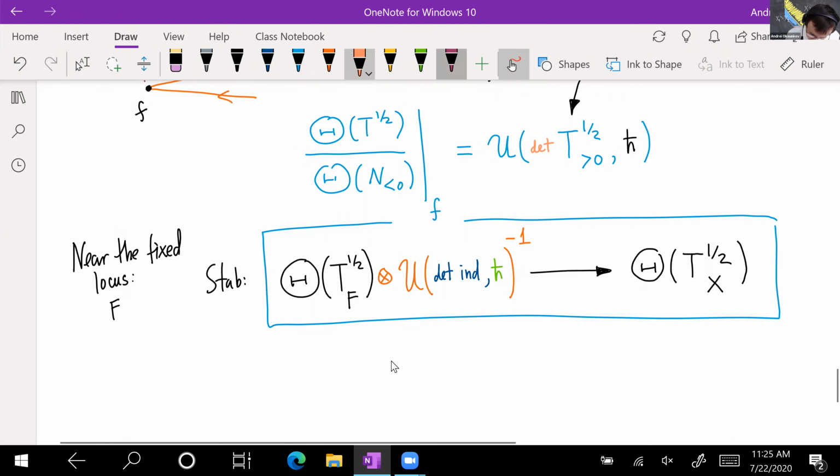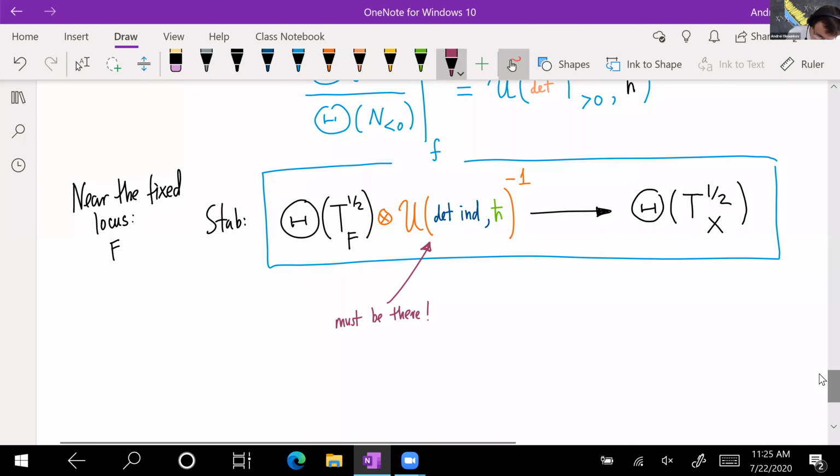And then additionally, if I have any line bundle inherited from X, I can additionally twist it by anything I want.